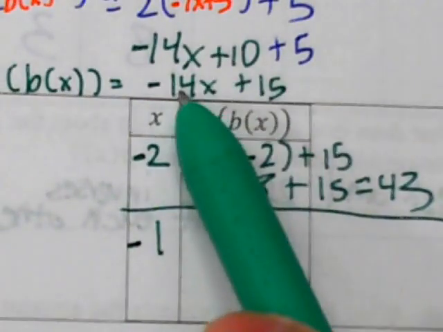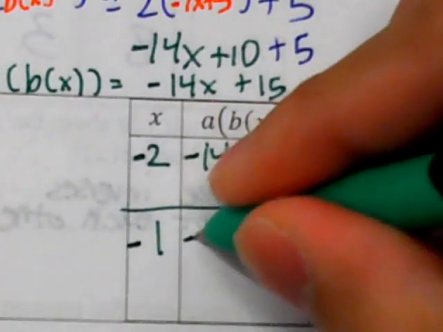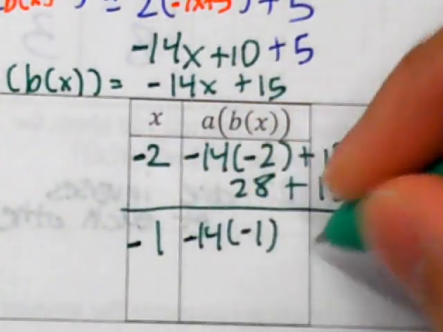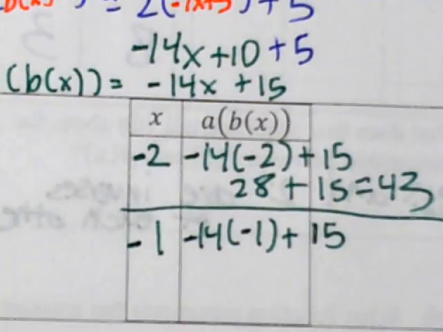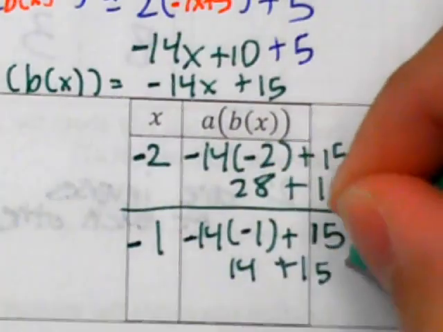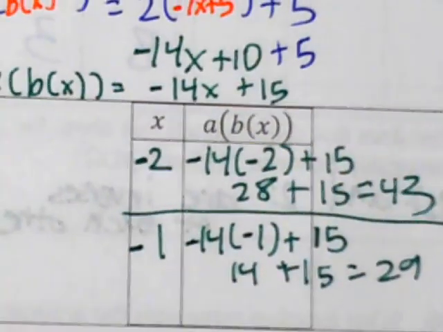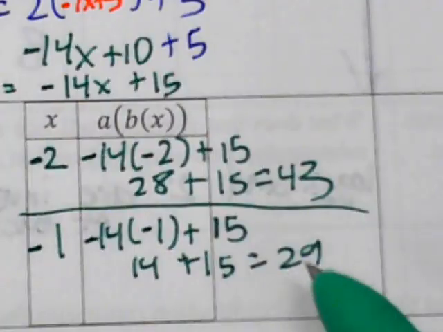Negative 14 times negative 1 is 14, plus 15 is 29, right? And that was the correct number from earlier. So again, you can see how much faster it is with the composition than with the two individual functions.